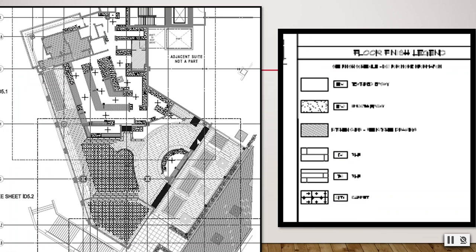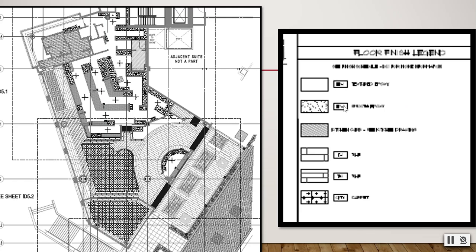Here is another example. This is done from the winery in La Jolla. If you ever go to visit that restaurant, this was a very intricate finished floor plan. Once again, we have our floor finish legend. Each is a little symbol or hatch that represents the flooring.